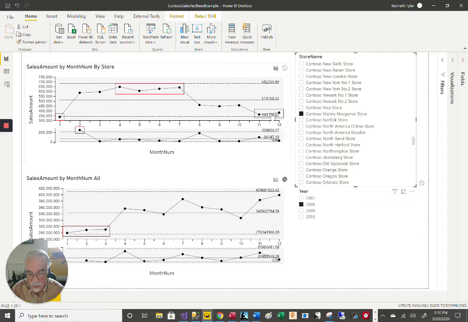And here, for 11 and 12, they stayed in the lower part of this band. This was different than what all the stores experienced on the average.